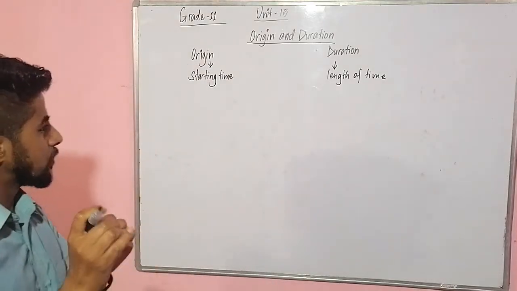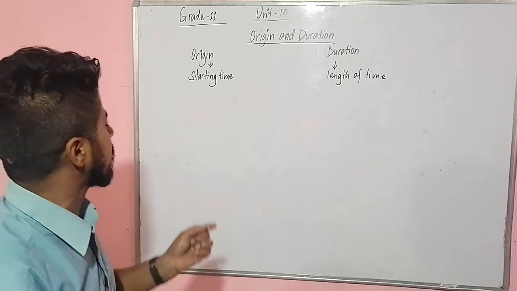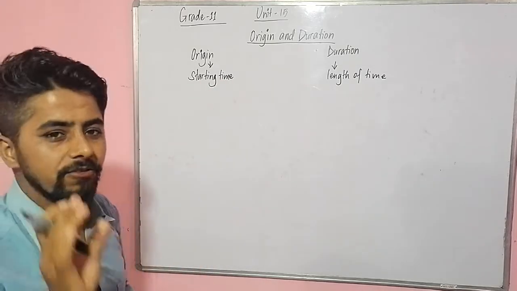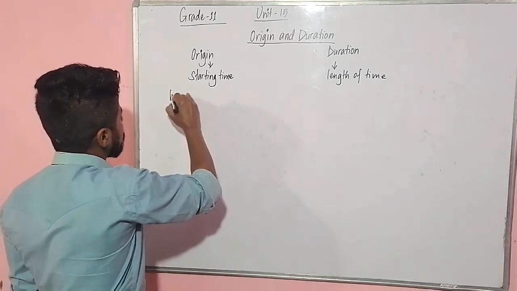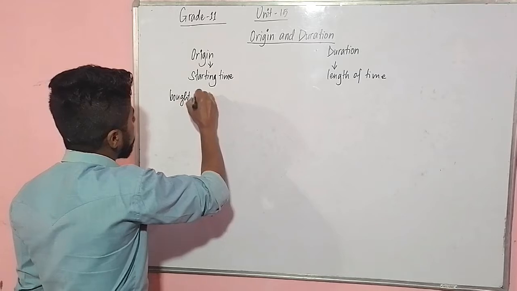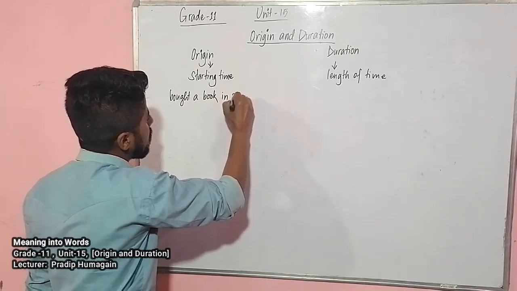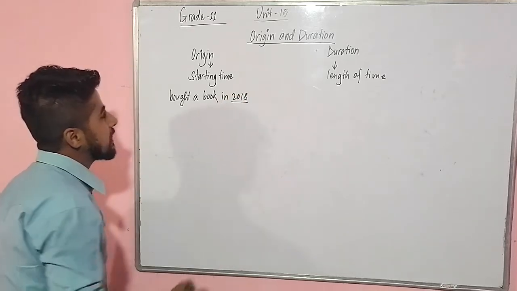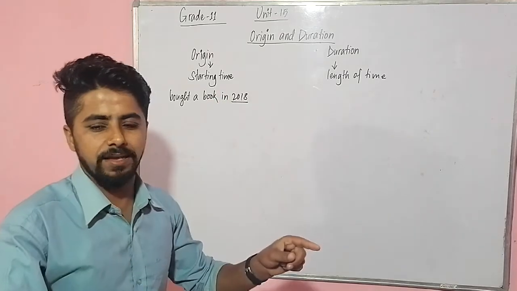So to make you more clear about this topic, to make these two terms easier, here I would like to give you one example. For example, you bought a pen or you bought a book in 2018. So 2018 is the origin because you bought a book at that time.